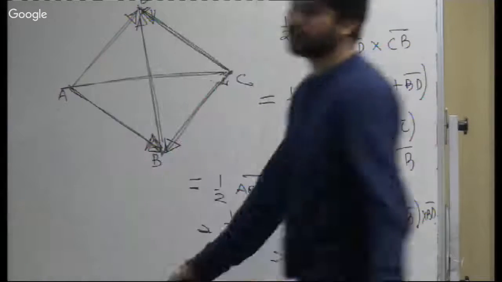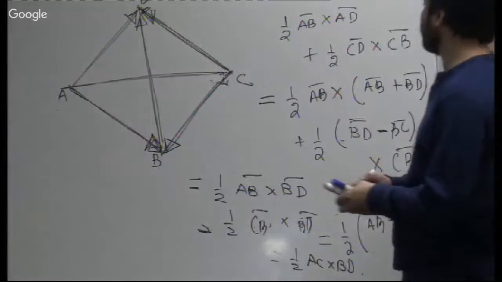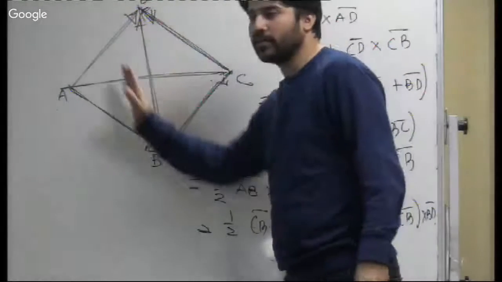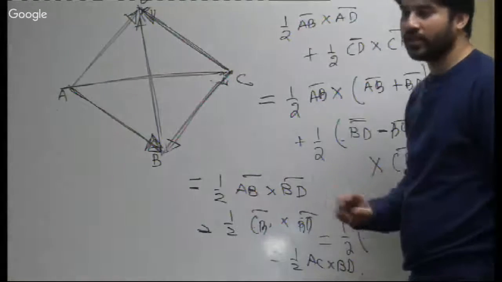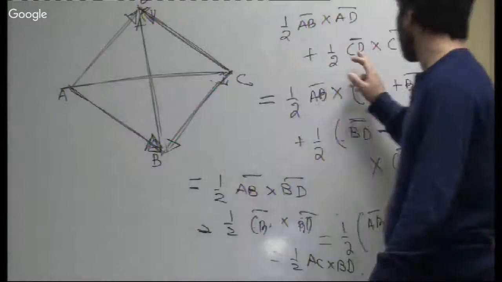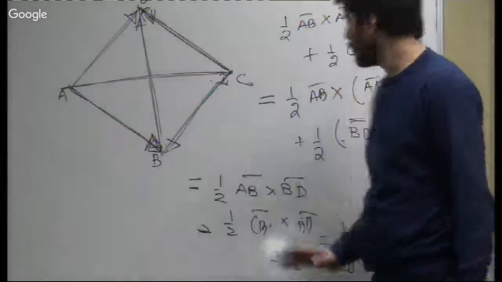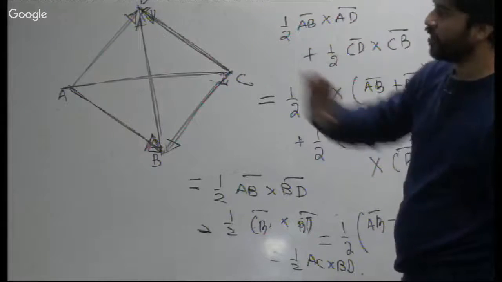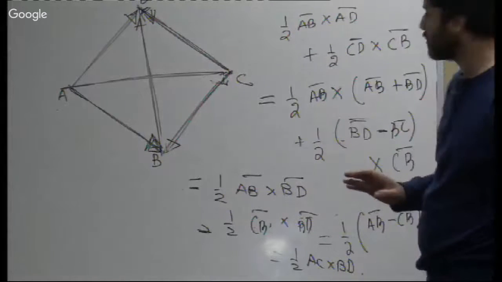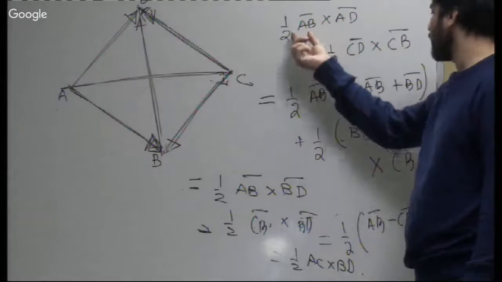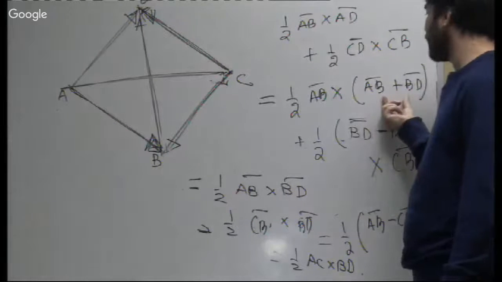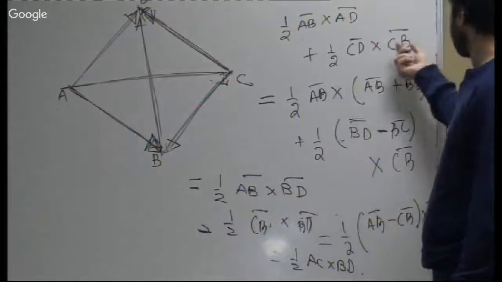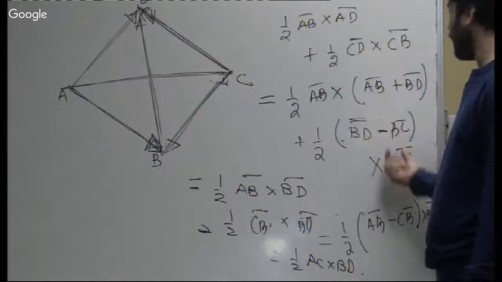So finally you will get half AC cross BD. Clear? I just split my triangle in two parts, half AB cross AD, and then the other part was half CD cross CB. Then my answer should have only diagonals. I'm not interested in the sides. So what I did, I just replaced AD by AB plus BD, and then I replaced CD as BD minus BC.